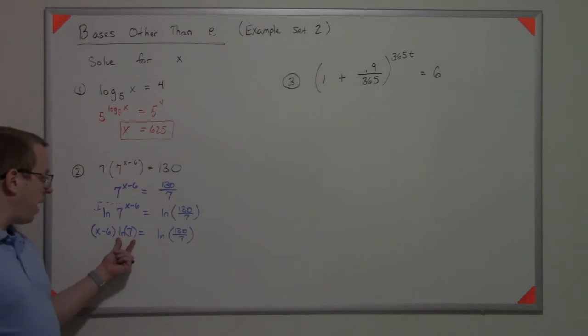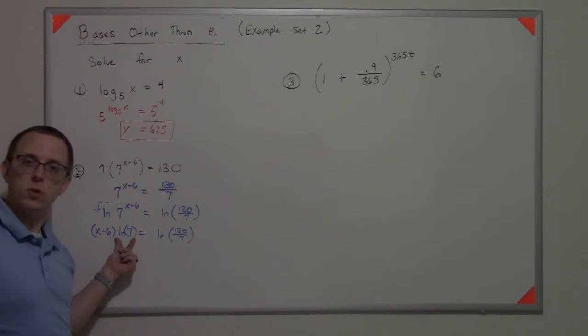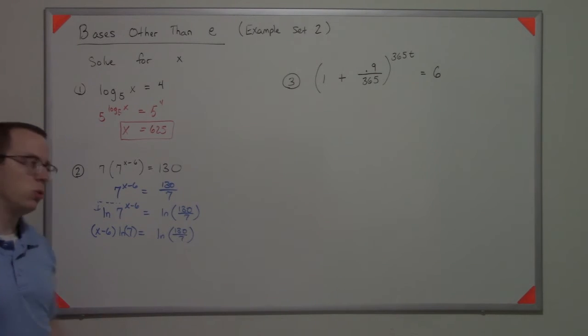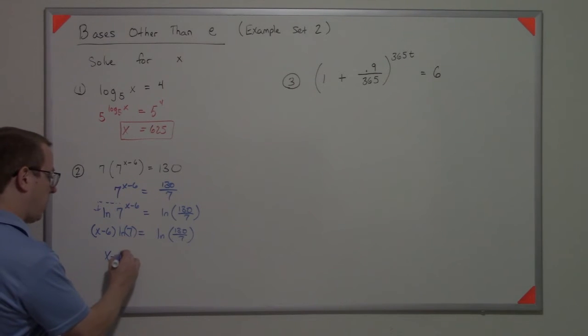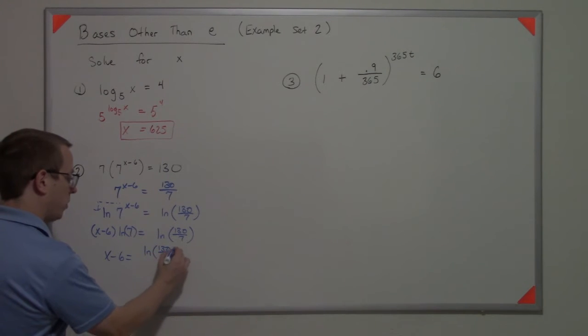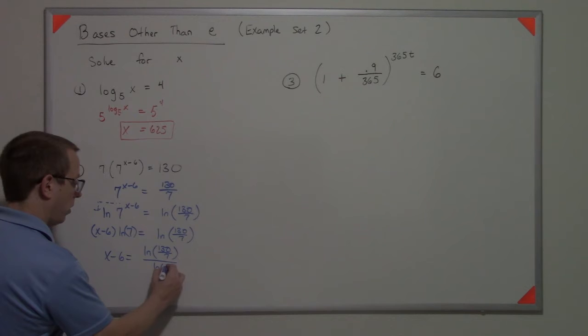This is really just a scalar, just some number. So let's divide both sides by the natural log of 7. We get x minus 6 is the natural log of 130 over 7, over the natural log of 7.